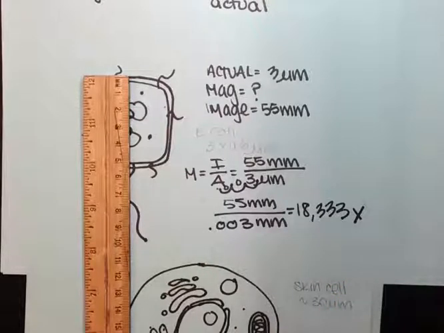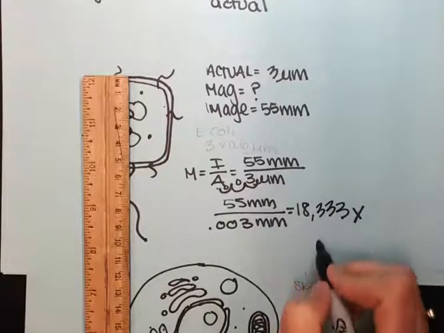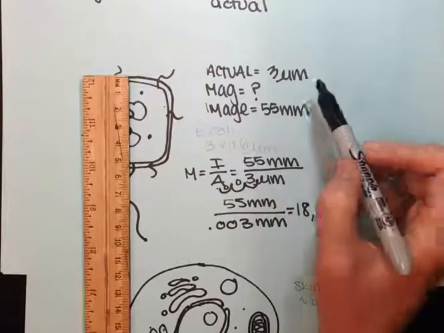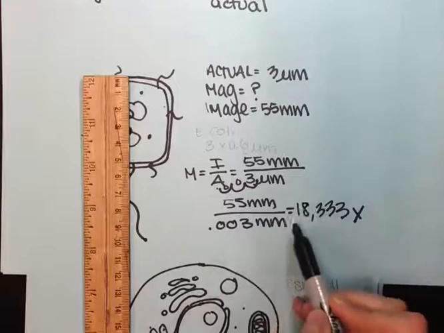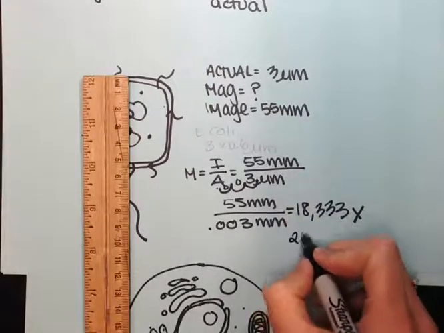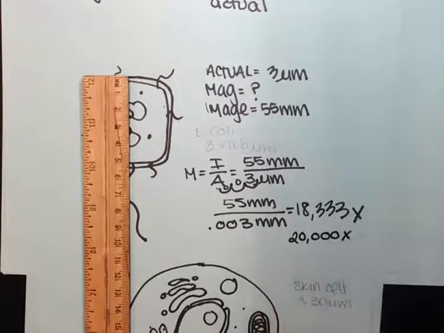If I want to be better about sig figs, I would look at my values and I'd say, okay, this one only has 1 significant digit, so my measurement should only be to 1 sig fig. So I would round this to 20,000x, or magnification.